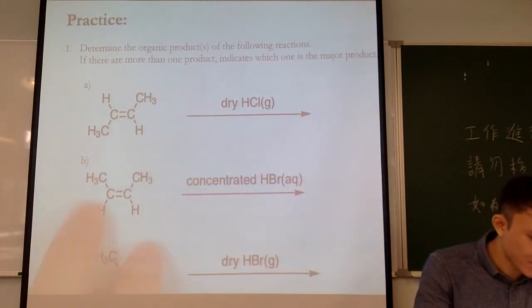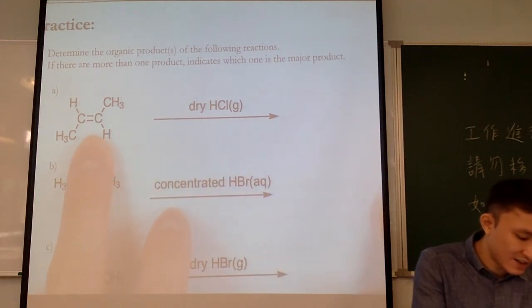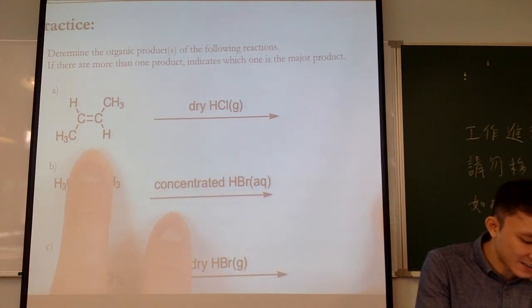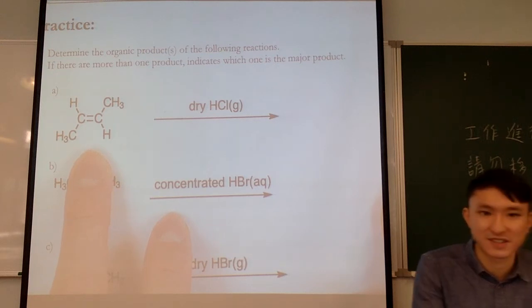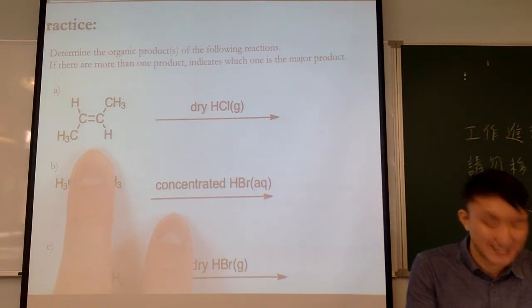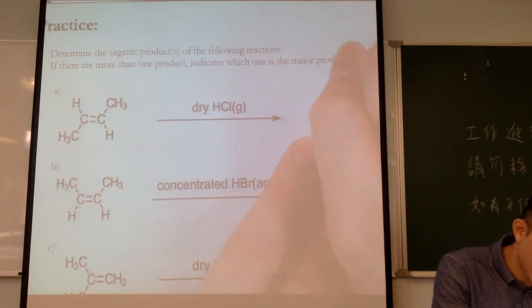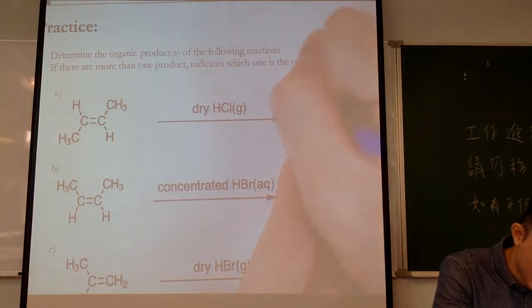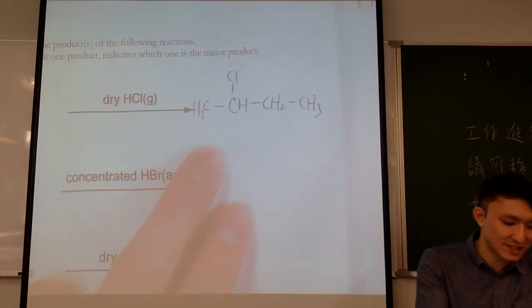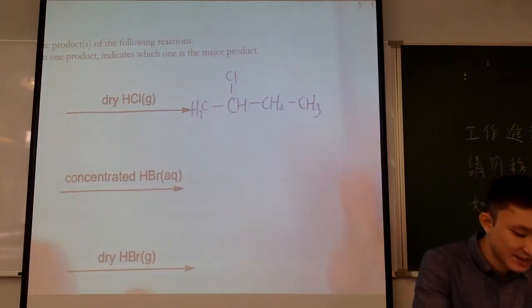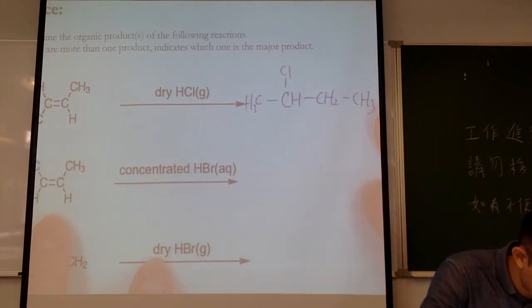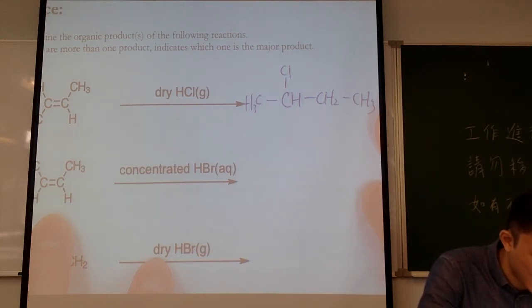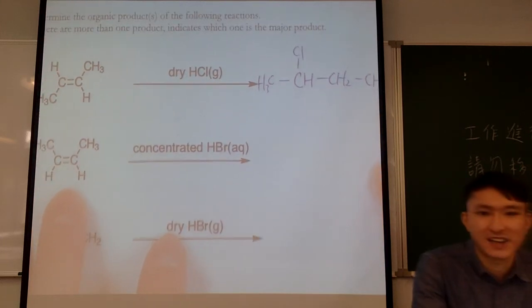Okay, let me show you the answer. Here, the chlorine atom, in this case, because this is a symmetrical alkene, it doesn't matter. It only forms one single product, so it does not have to show major and minor. Now for the second one, this is also symmetrical, so it should not give you any other product.